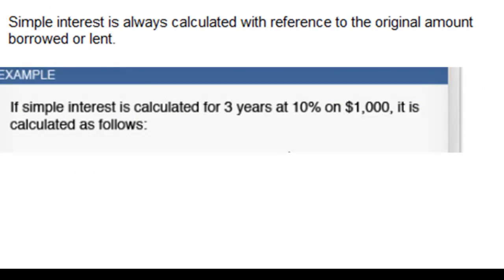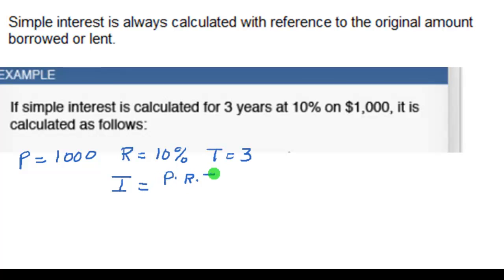It says, if simple interest is calculated for 3 years at 10% on $1,000, how do we calculate that? Well, our principal is 1,000. Our rate is 10%. Our time is 3. And so our simple interest is principal times rate times time over 100.